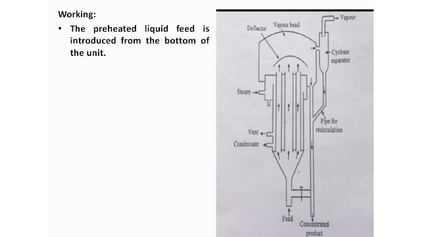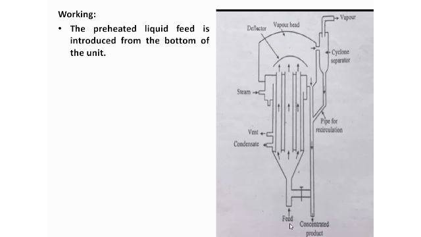Now how does it work? The preheated liquid feed is introduced from the bottom. Yes, one more thing I forgot to tell you. Here the liquid which will be subjected to evaporation will be preheated. Means you are going to increase the temperature of the liquid slightly before putting it into the equipment.